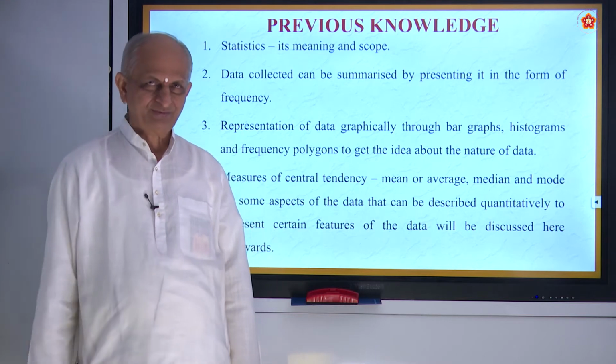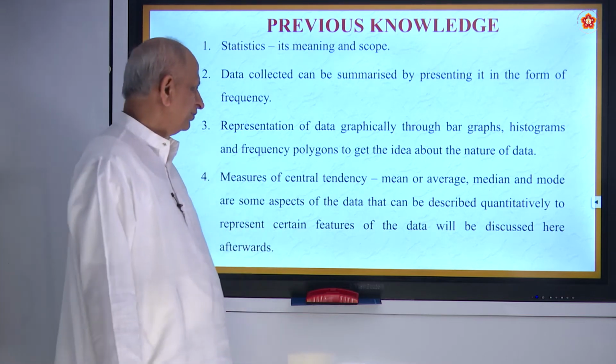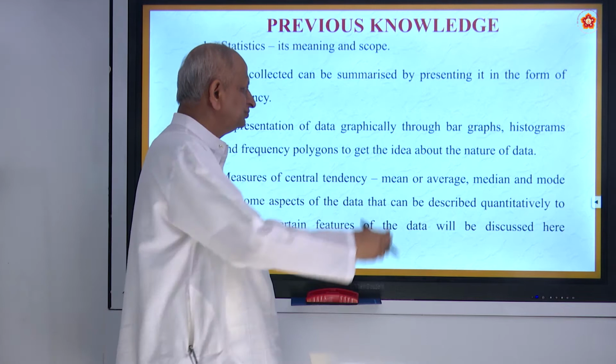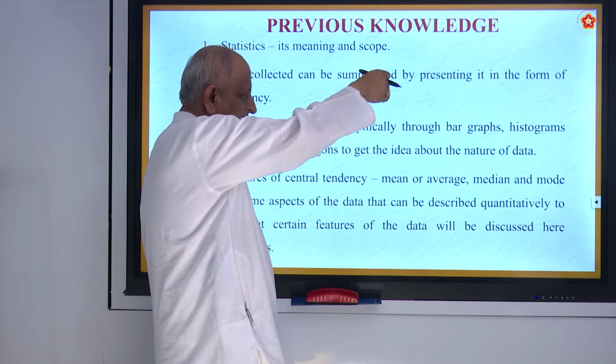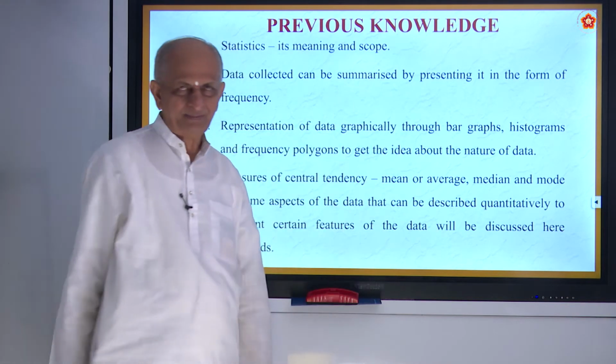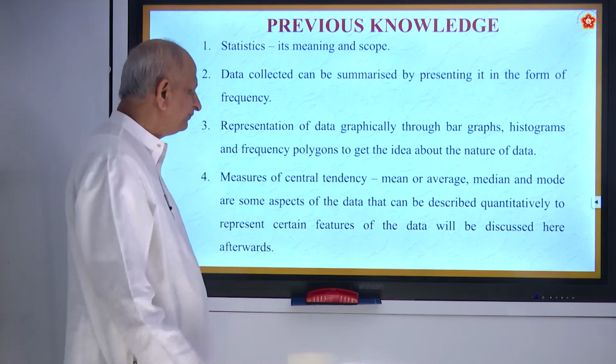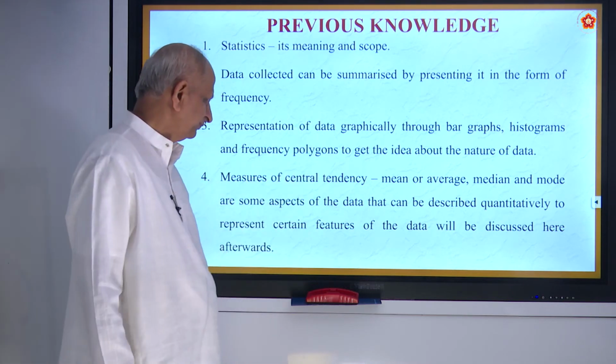You can make out, is it not? So that is how this data is made visible, made clear with the help of all these graphs.